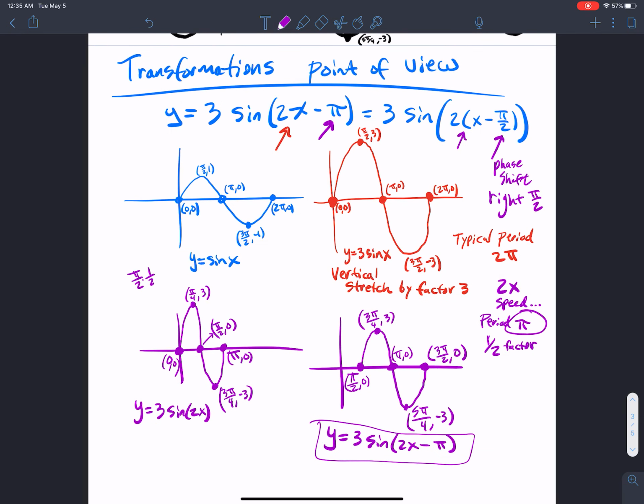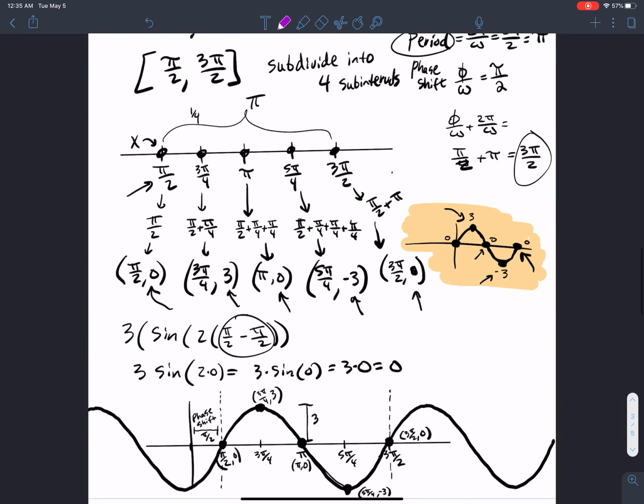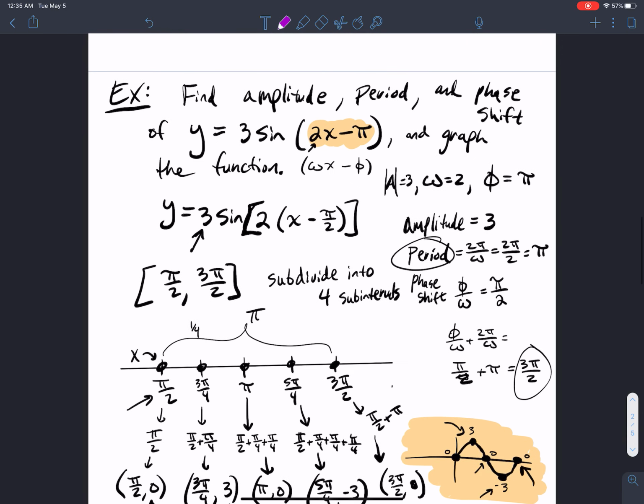So you like the transformation technique? Great. Okay? If you're more of a step-by-step systematic person, take your function, factor out that coefficient in front of the variable, so that you can see the phase shift clearly. Start at your phase shift and add 2 pi over omega to get to the other endpoint.